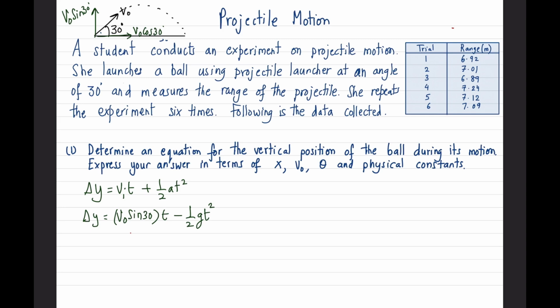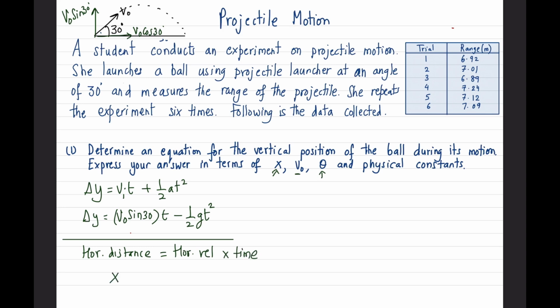Now we have what is required, that is v0, but still we don't have x and theta. Instead we have time. So we will replace that time using the horizontal motion. In the horizontal direction, we know that horizontal distance is equal to horizontal velocity multiplied by time of flight.